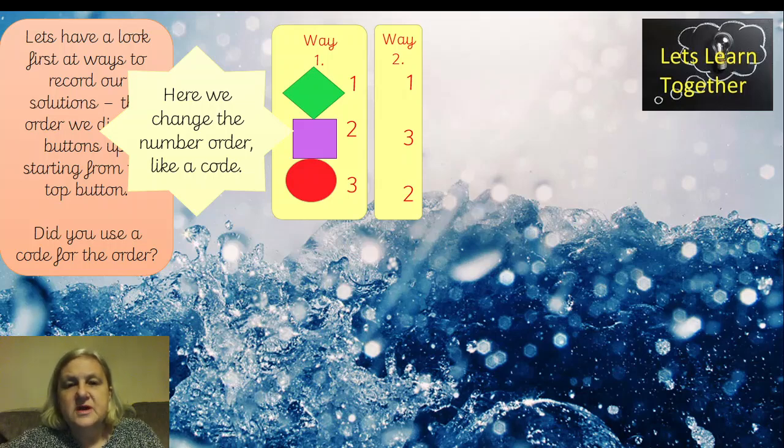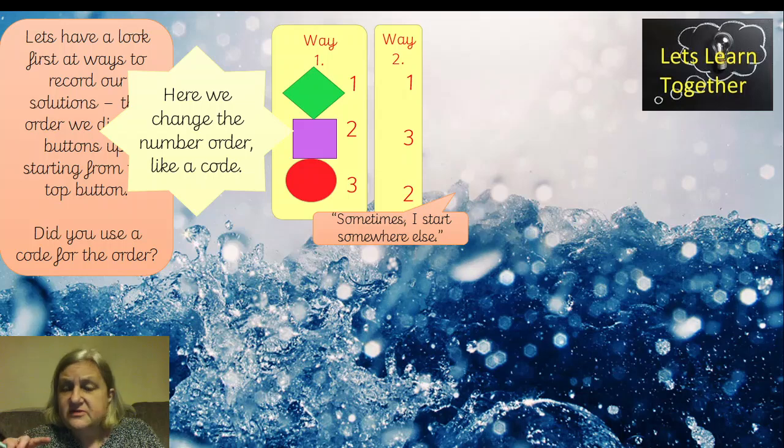So I get 1, 3 and 2. And then here I can't start with the 1 again at the top because there's no other combination that I can do. So I know with the green one at the top, that's all the combinations already. So straight away I can make sure I've done it because there are no other options for me to do. So I know I haven't missed any out.